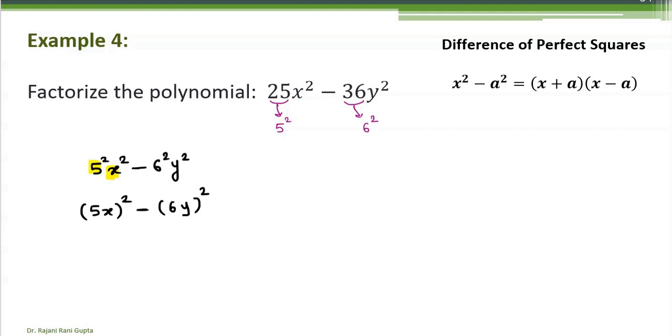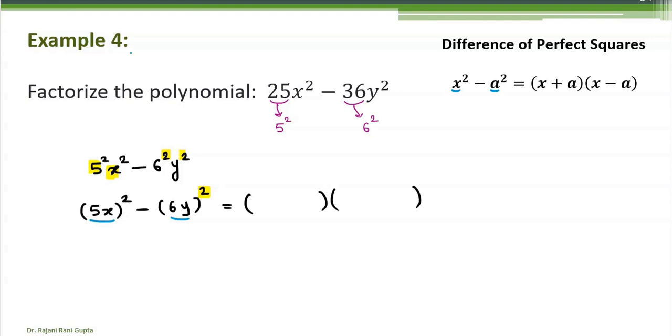What is important here is the power. The power should be the same, then only you can write it together, otherwise you can't. Now it is in this format: you have 5x, whole power 2, and 6y, whole power 2. Same format, use the rule. So again it's two brackets.